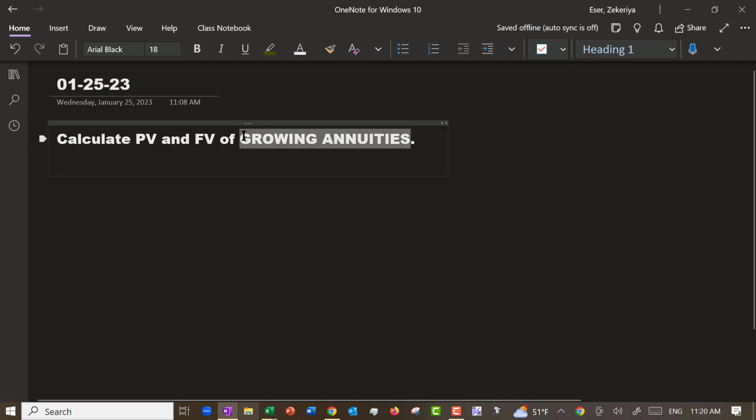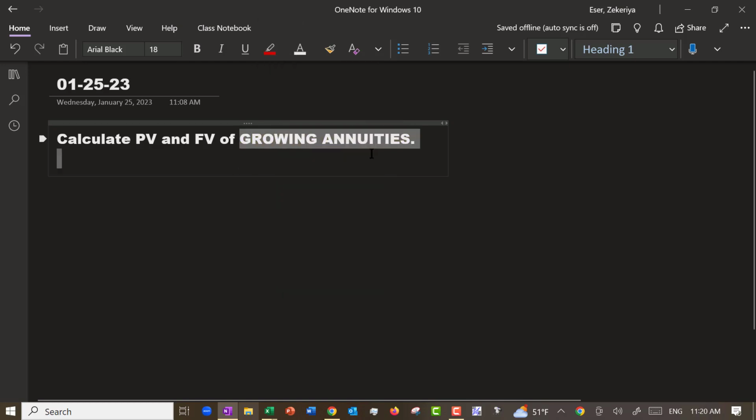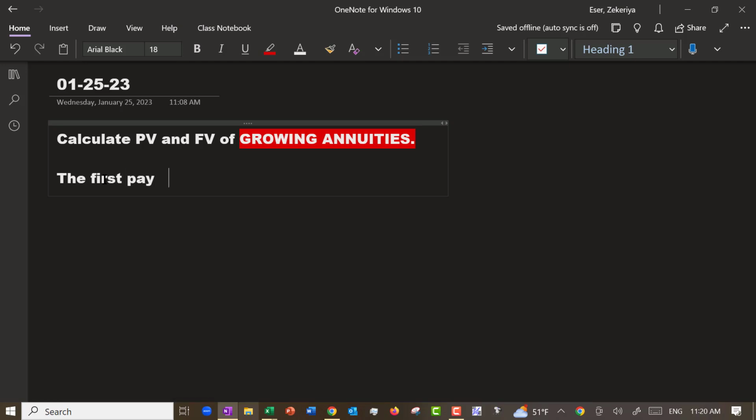What we mean by that is the first payment is $C1.